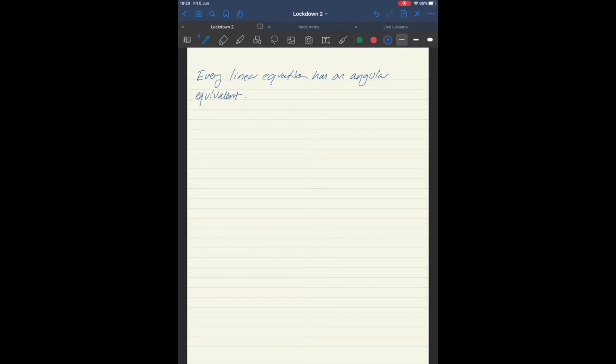Okay? Let me just clarify a couple of things. So let's put linear here first. So we have, first of all, S equals ut. Now we know the angular version of S is theta, u is omega, so theta equals omega t. Now I need to clarify a couple of things. That's a constant speed.